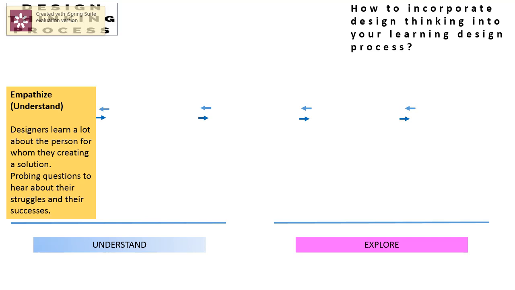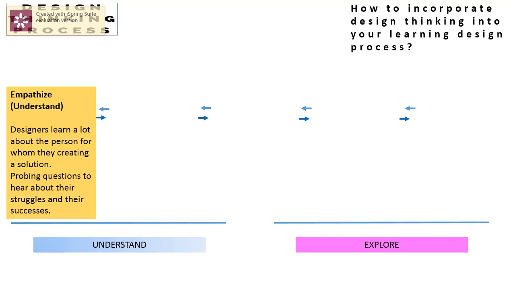It's listening as they explain their environment, their habits, how they go about their business on a day-to-day basis. You ask them to share stories, giving examples of experiences they may have had. All of this is done with the goal of gaining as much empathy as you can for your audience.